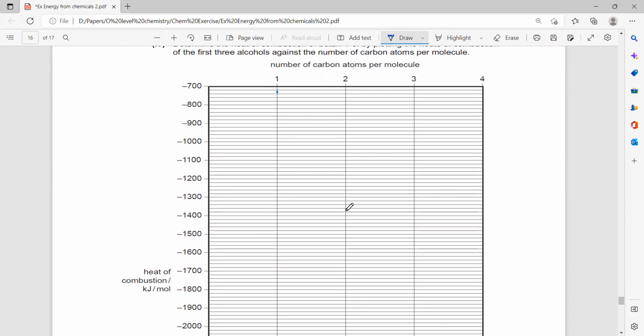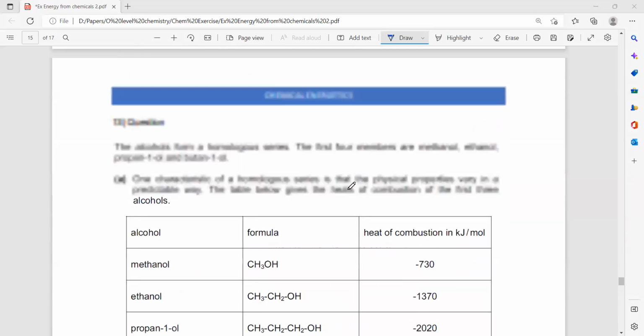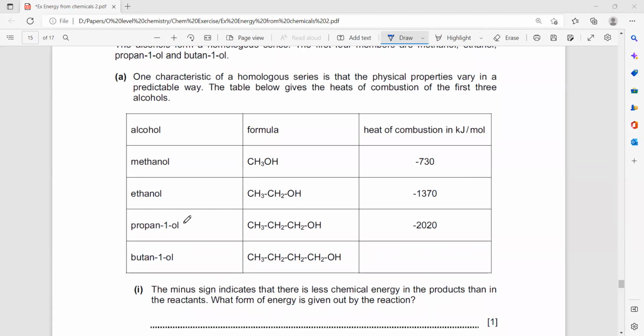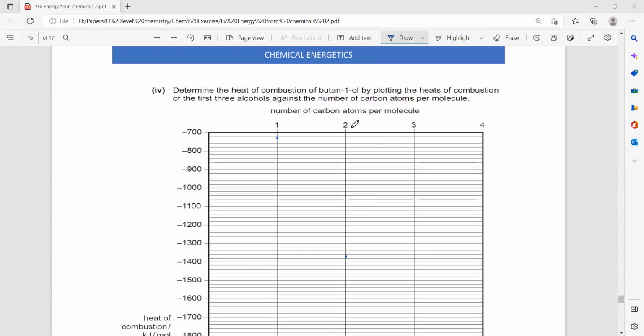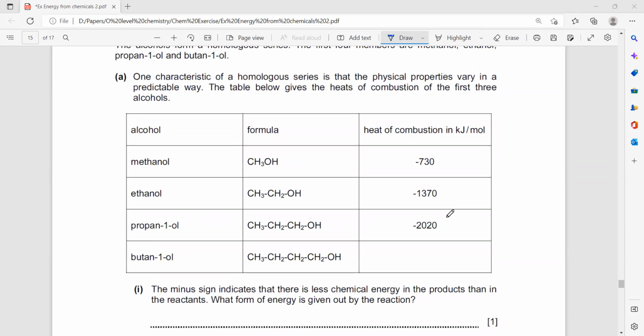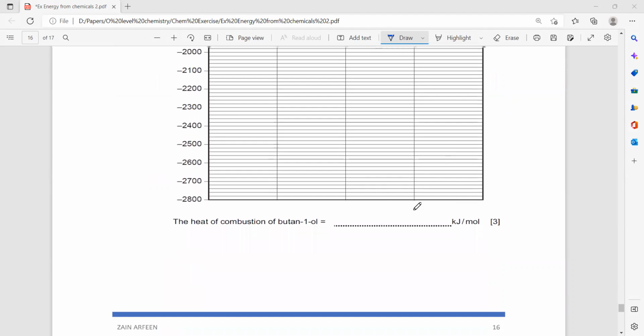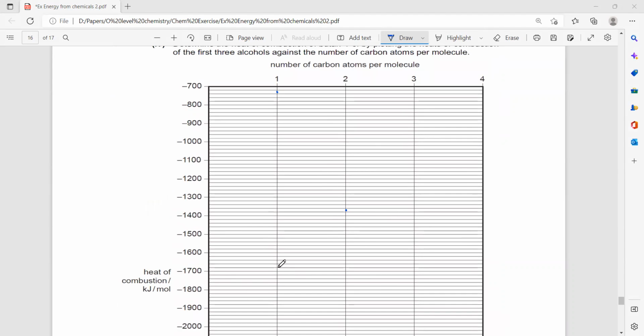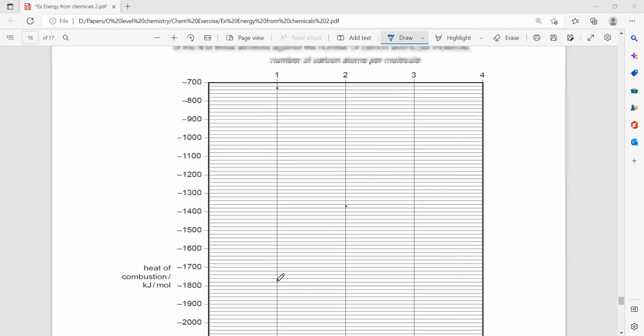So this will be 1370. That's the second point. Then for 3 carbon, because here we have the number of carbon 1, 2, and 3, the third is 2020. So it will be 2020 for 3 carbon.